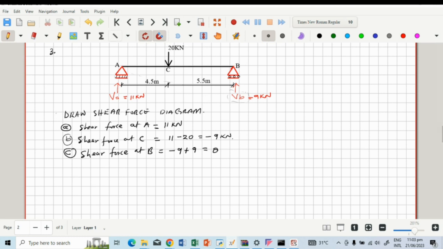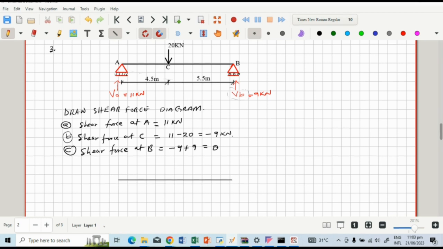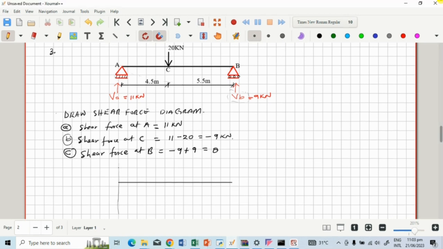To do that, let us draw a line. We'll try and make the line proportional to the example, right? Okay, and then let's draw another line here. And then at C, let's draw another arbitrary line. And then at B, let's draw another line.